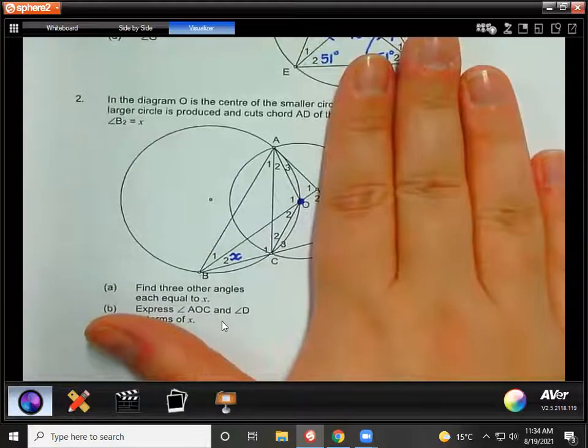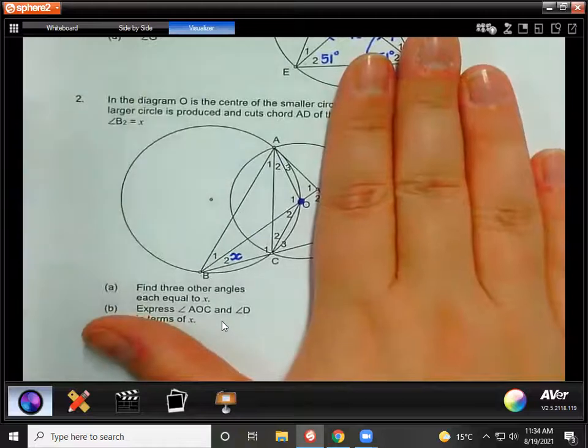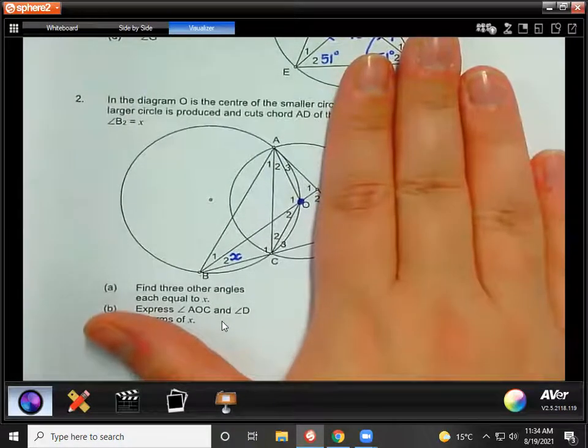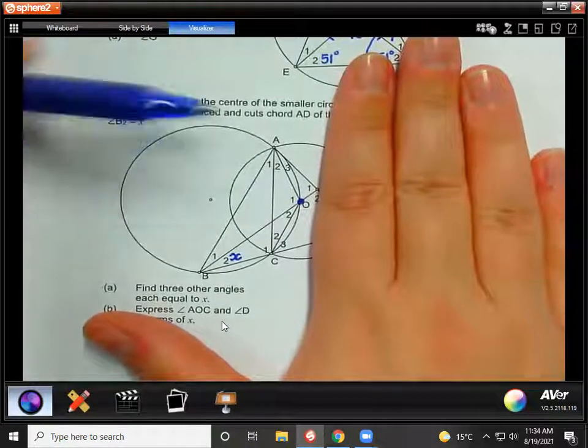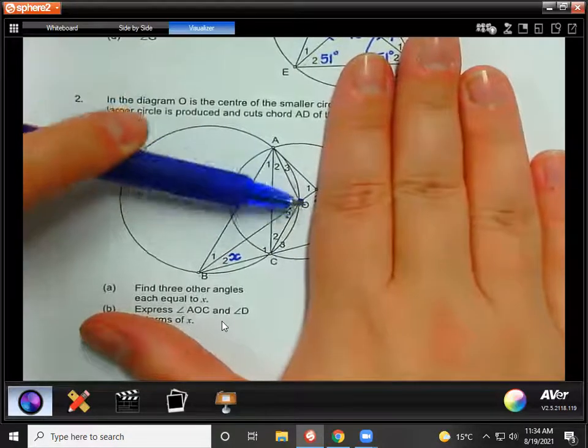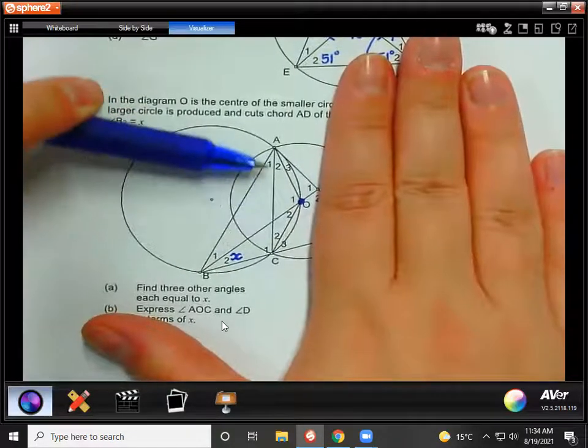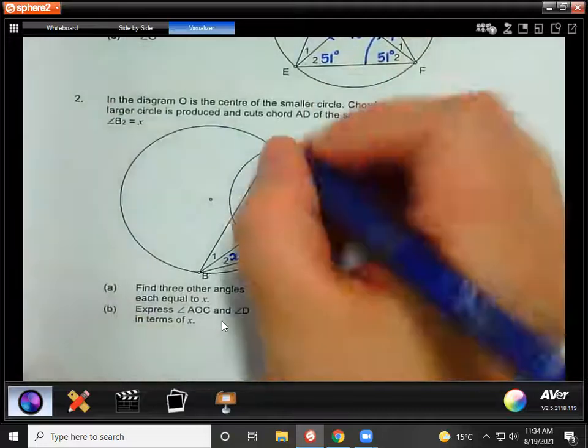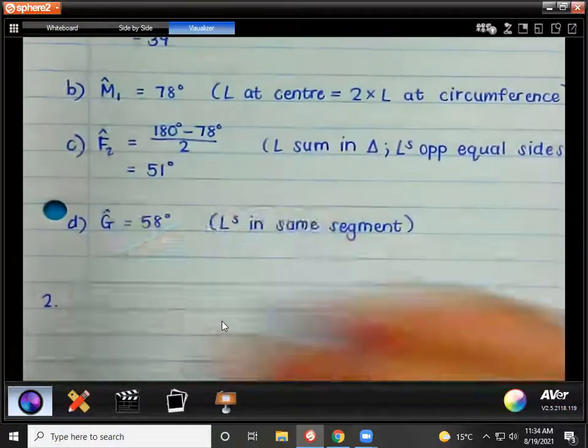Does CO subtend any other angles at the circumference of the big circle? A2. Look at that. Do we all agree with that? CO also subtends angle A2. So A2 is also going to be X. Let's write that down.